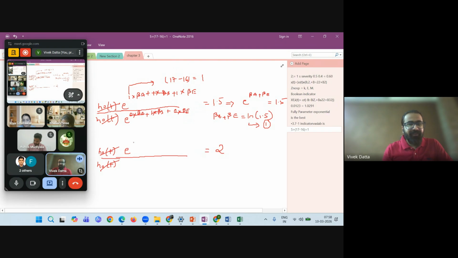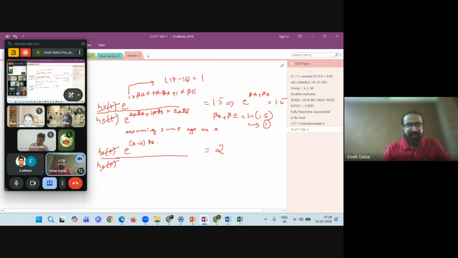So even if I say assuming same age, just for simplicity, x. Okay, e raised to x minus 16 beta a.